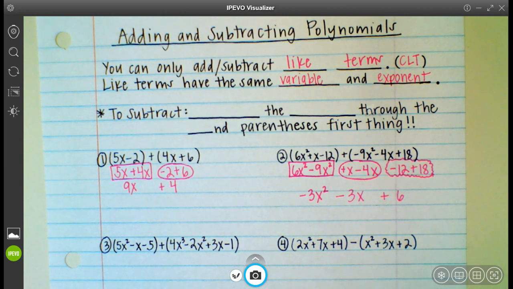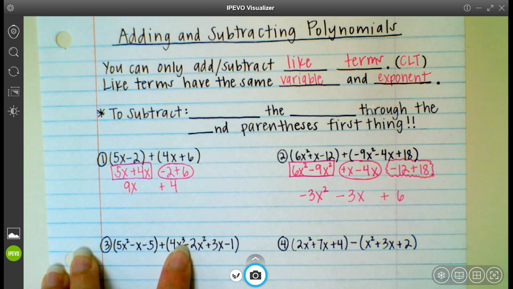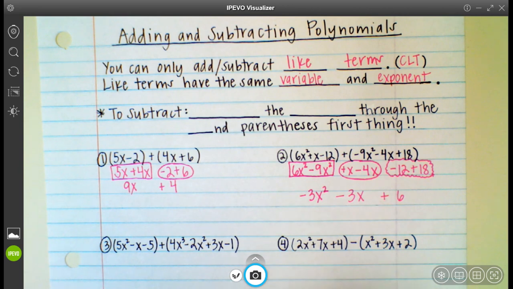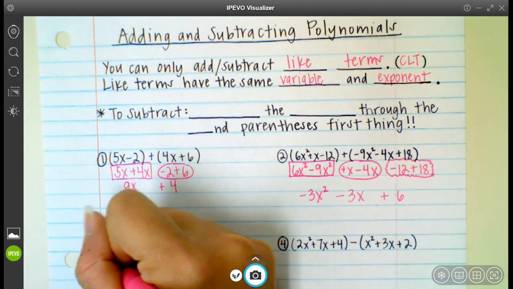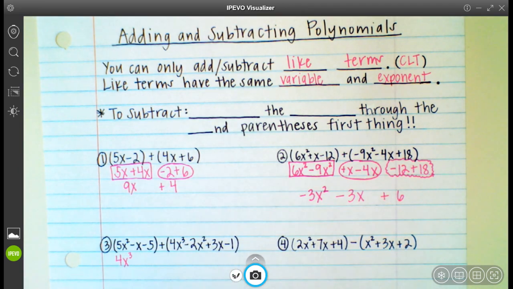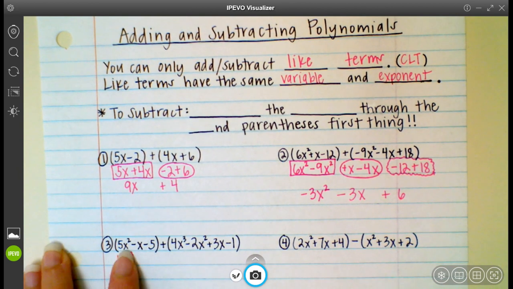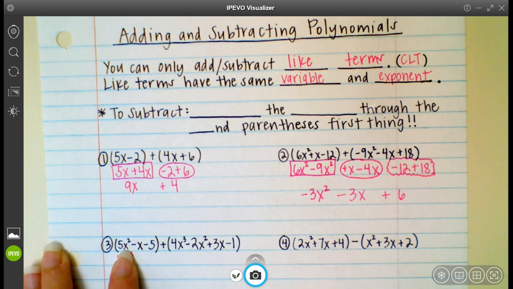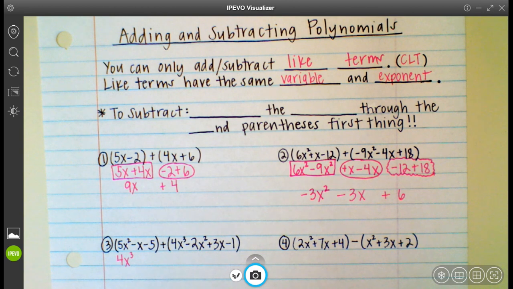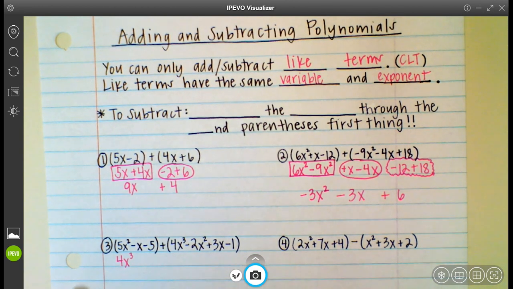So number 3 has this 4x cubed. It has the highest power, but he's the only one. So I'm going to keep that 4x cubed by himself. He has no partner from the first parenthesis, but we do have some other things that will combine.